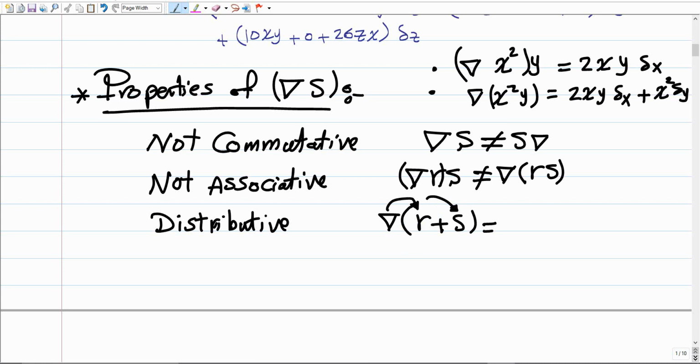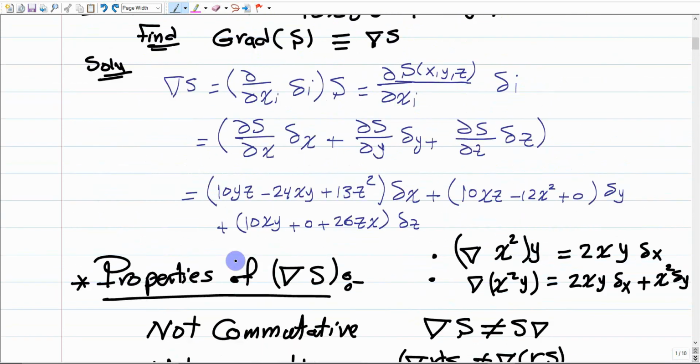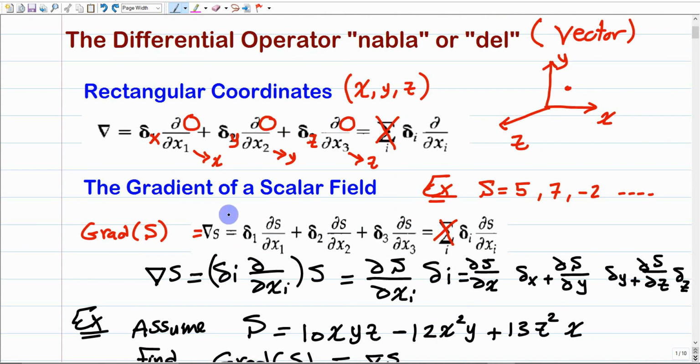So we have two options: either sum the r field and the s field first and find the gradient of the result of the sum of r plus s, or you can calculate the gradient of r itself and the gradient of s, then sum them, and you're going to end up with the same result. So this operation is equivalent to this one, so that's why we said that one of the properties of the gradient of the scalar is that it is distributive. Make sense? So this is for the scalar.